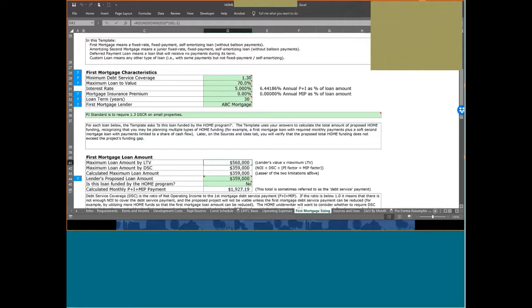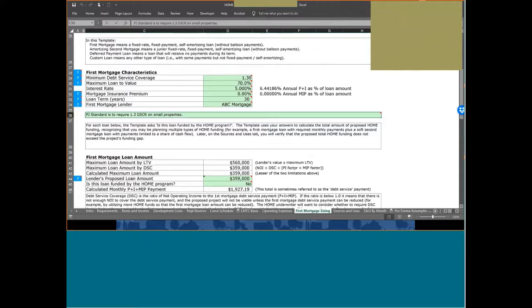But now we're going to put our arms around how much debt the property can support from its operations. So we're going to say, as the PJ, as it says in the comment here, that we're not going to allow a property this size to have an initial debt cover of less than 1.30.